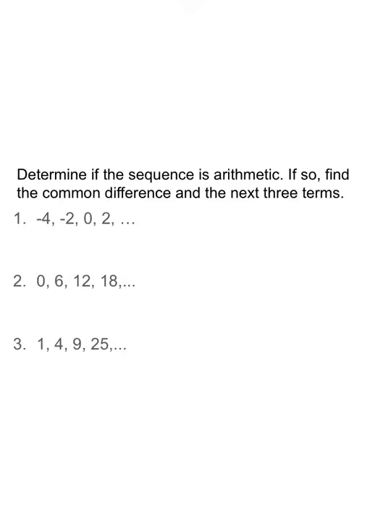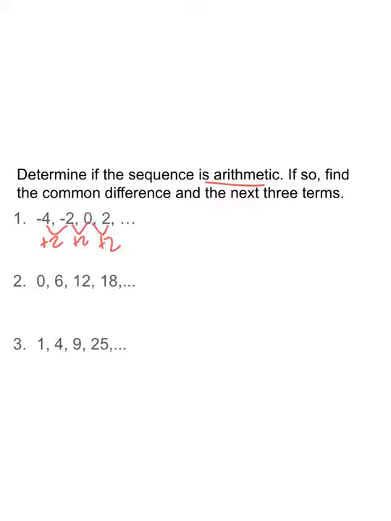Okay, so our first set of directions says determine if the sequence is arithmetic. If so, find the common difference and the next three terms. So you're going to be looking for a common difference, and so I know that to get from -4 to -2, I add 2. From -2 to 0, I also add 2, and 0 to 2, I also add 2.